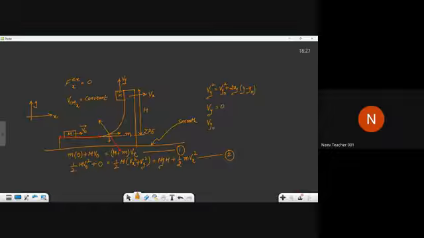Vy naught for me is what I have written over here as Vy. Ay is minus g for me. And y minus y naught will be the additional height attained when it stops, correct?